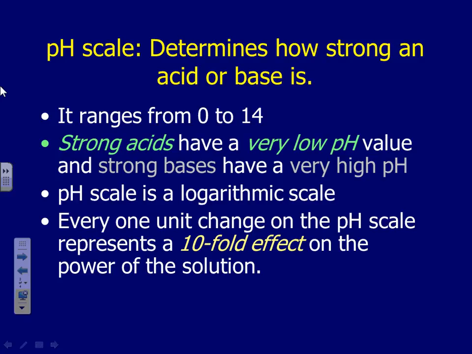This would be 10 to the negative 1, and you'll notice that that power of 10 changes by 1. That's what pH measures. It measures 10 times the strength. So when you go from a pH of 0 to a pH of 1, it's 10 times weaker. The acid is 10 times weaker. You go from a pH of 1 to a pH of 2, it's 10 times weaker again.